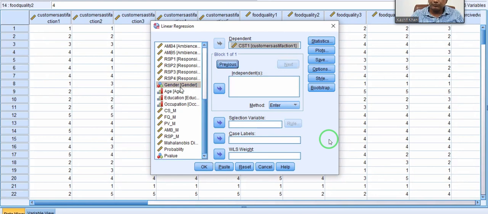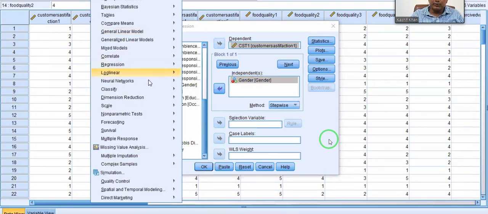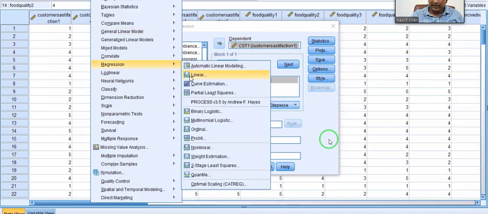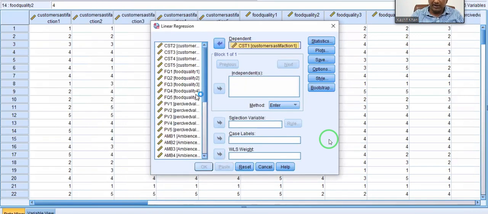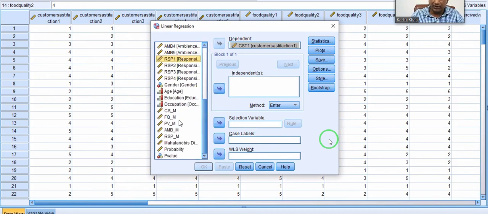Next, we'll check this, and let's put it to stepwise. Again, let me show you what I did. I went to analyze, to regression, and then here. I took my dependent variable. I know my independent variables are these.